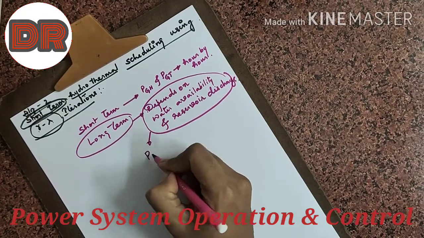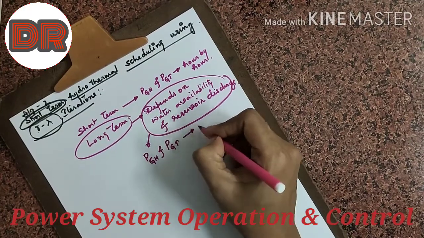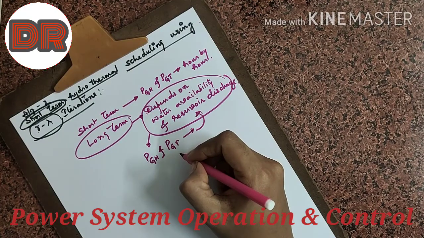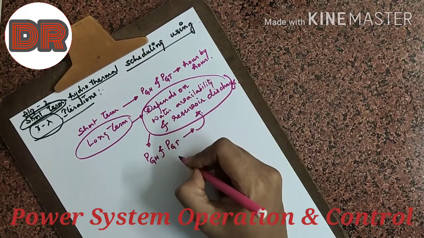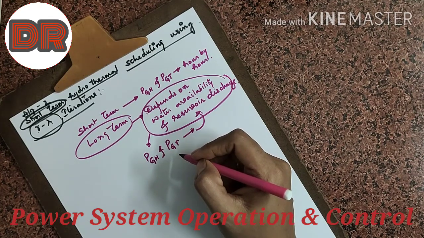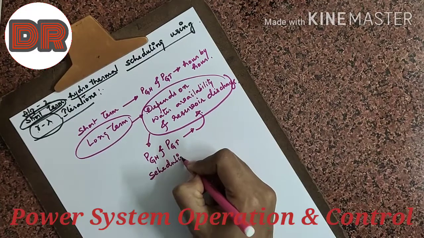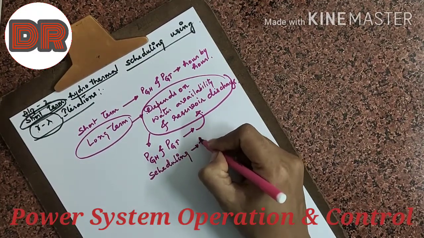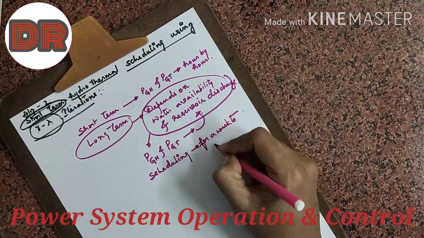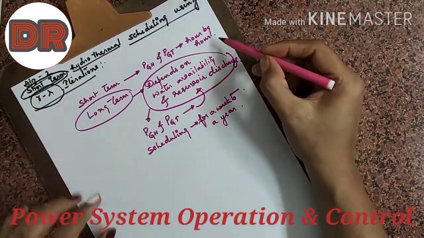Thereby we can schedule PGH and PGT, and since it depends on this, the time depends basically on the water availability. So the scheduling will normally be from a week to a year. These two are very important things to be remembered.